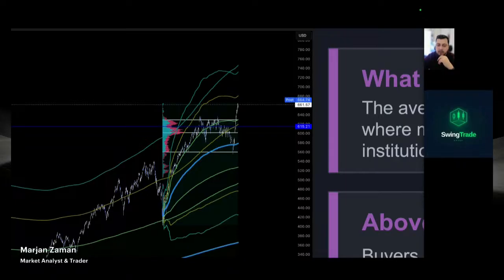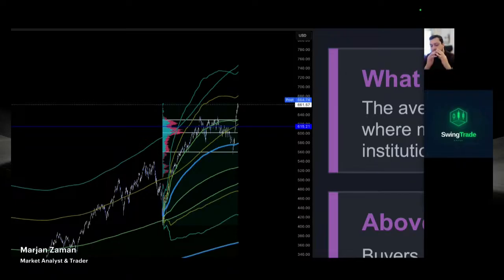But what the media was trying to do was make you sell to them under 615 because they wanted to buy from you under 615 because it's on a discount. And that's what's really sad. Look at the way that they share their words and try to manipulate the masses. So now look at us. We're at 664 with complete upward momentum right now. And now you're going to wish that you got those 615 buys.